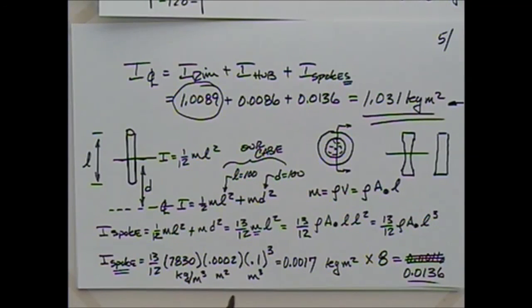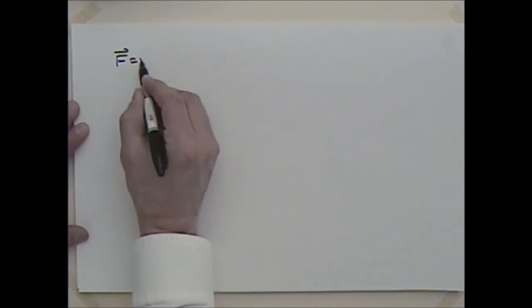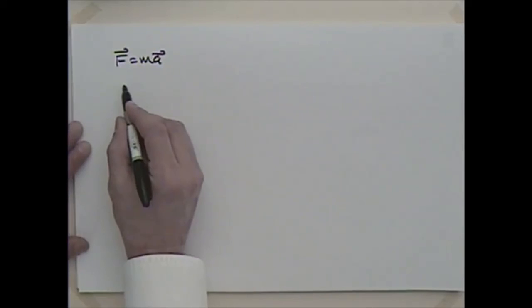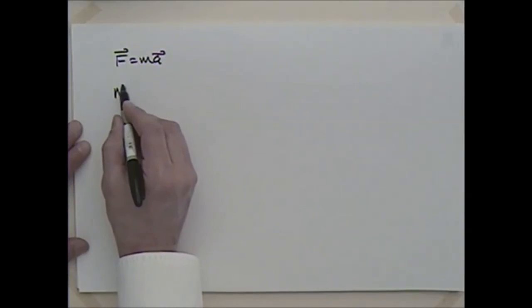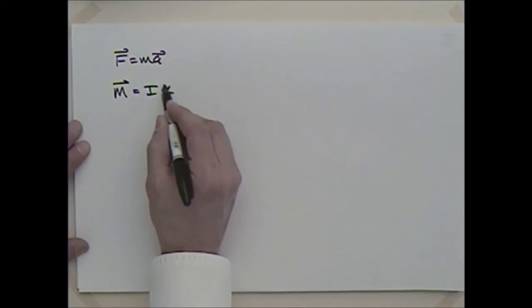Questions with us? Well, when we get together next time, we're going to take this and put it together. Remember when we were dealing with the kinetics of a point, we got to use that force is equal to mass times acceleration. We said with a rigid body, we're going to have to concern ourselves with the moment is equal to I times alpha.